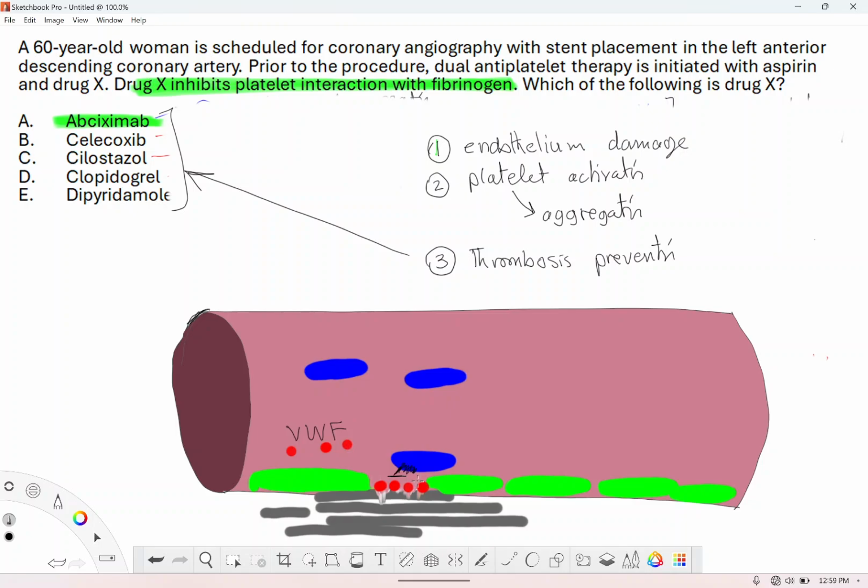So this platelet is now attached, and it gets activated and will produce glycoprotein 2b, 3a, which will attach to another platelet, while 1b attaches to VWF. As a result, we will have multiple platelets coming and attaching to this area, and then to this platelet, to this platelet, to this platelet.